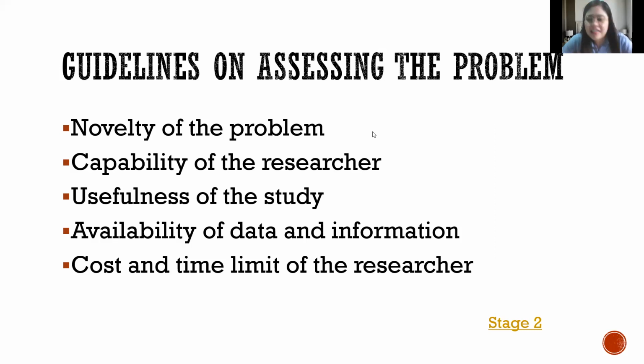And then another thing, the cost. So if you saw in the concept paper, in the last part, the budget. We need to think and we need to assess if we can afford the cost of our research.